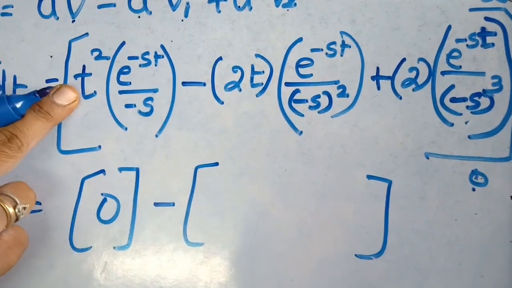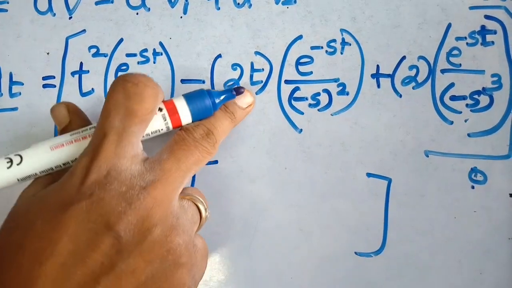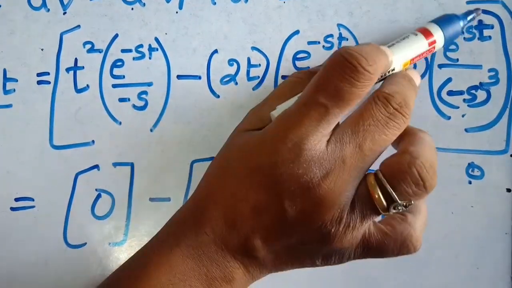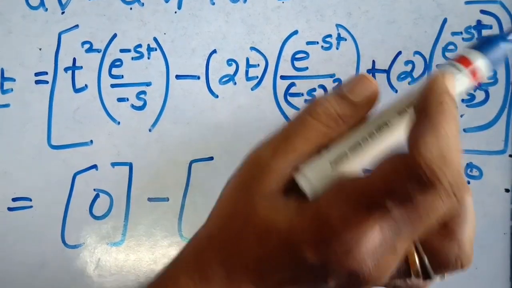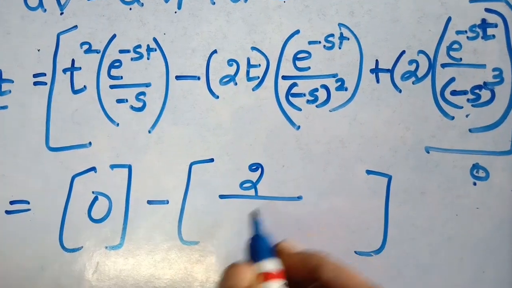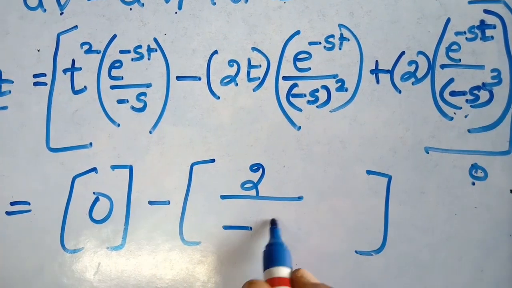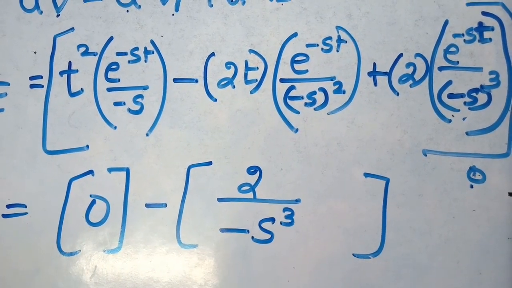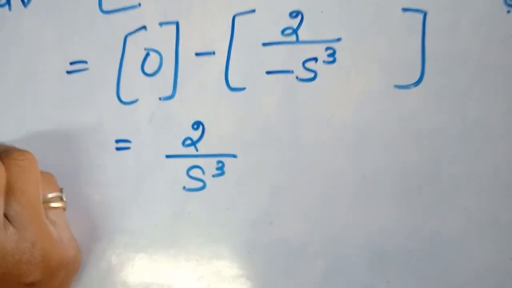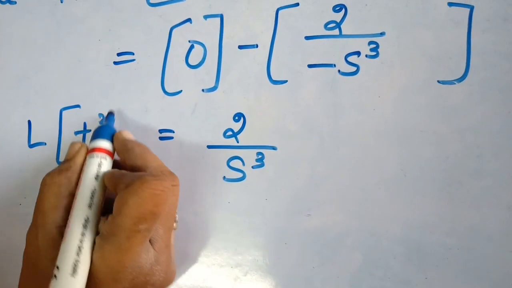So for the lower limit, once you substitute 0, here we have t, so it is 0. Here there is no t. Once you substitute t here, e power 0 becomes 1. So 2 into 1 by minus s the whole cube is minus 2 by s cube. So minus into minus, 2 by s cube. So this is the Laplace transformation of t square.